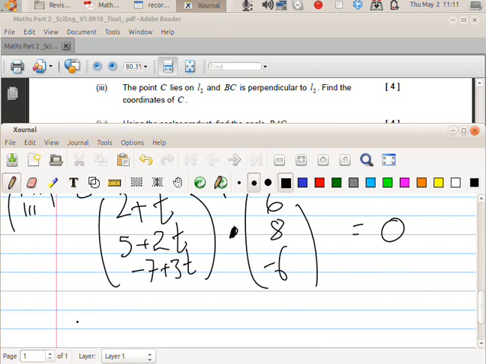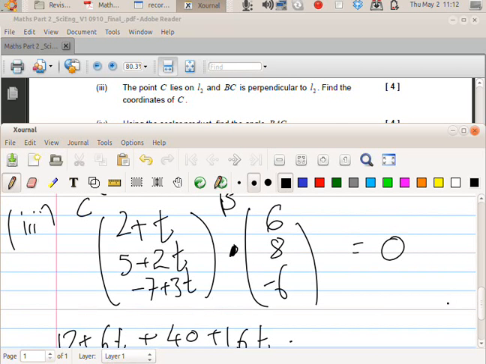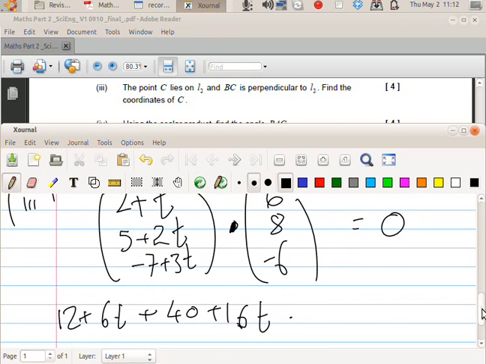So let's do this. So this will be 12 plus 6T plus 40 plus 16T. I'm multiplying these together. 6 times that.